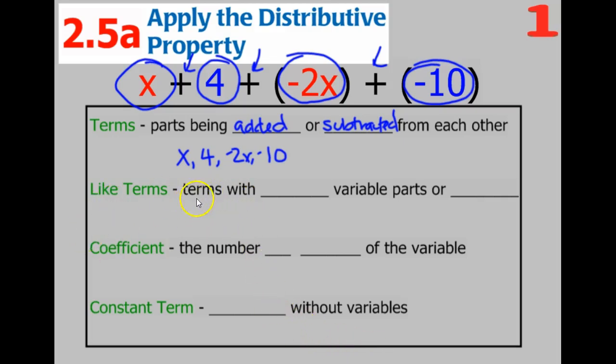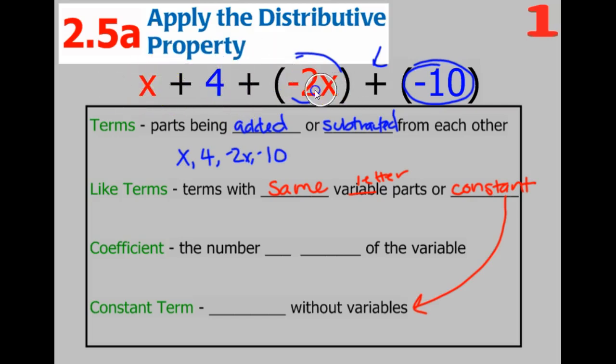Like terms are terms with the same variables. A variable is just a letter, so terms with the same variable parts, or constants. And we'll talk about what a constant is down here in a minute. But let's look back up here first.